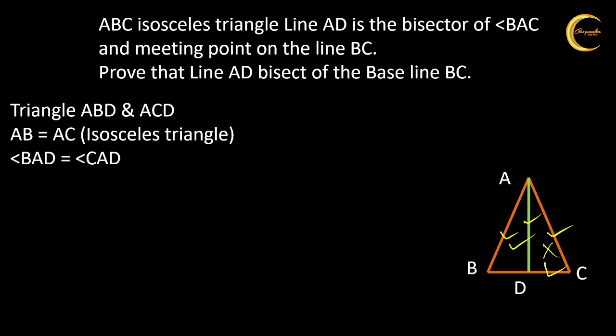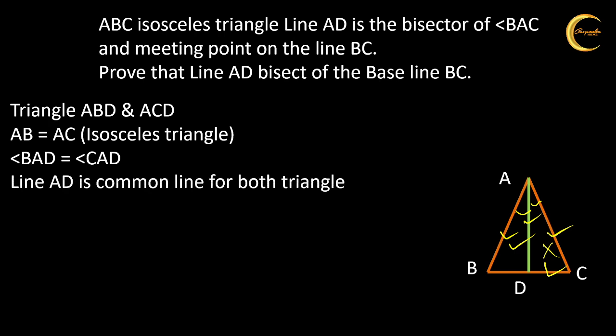So it is an isosceles triangle, so AB equals AC, and angle BAD equals angle DAC. Why? Because this AD line is the bisector of the total angle BAC.